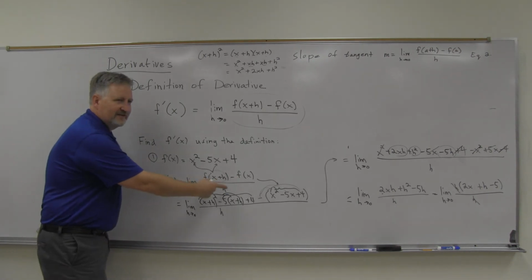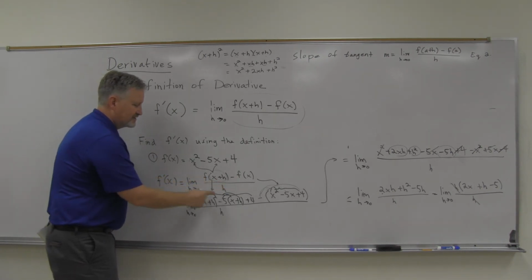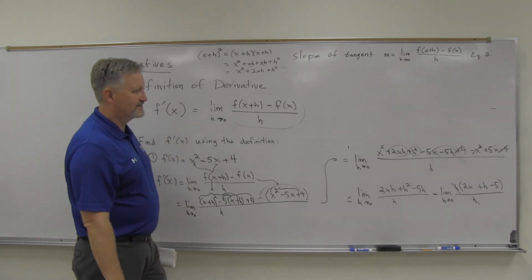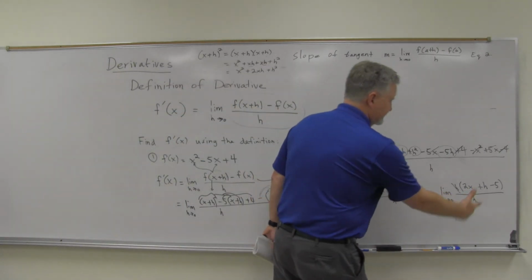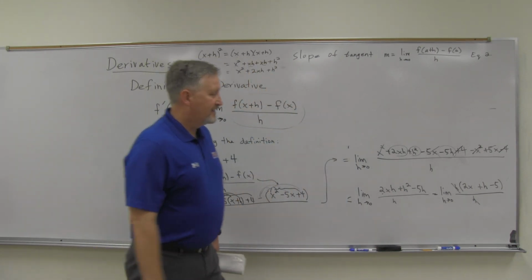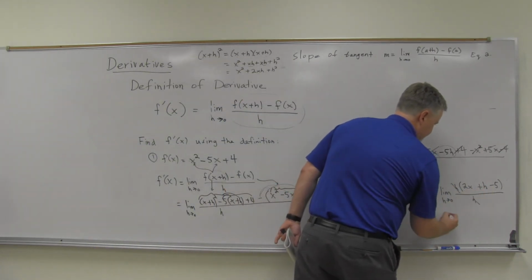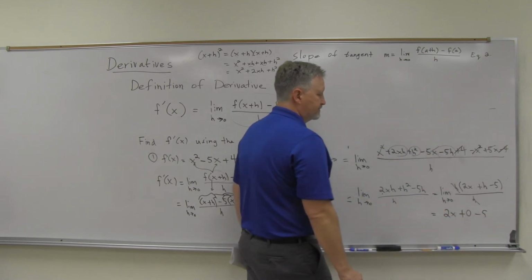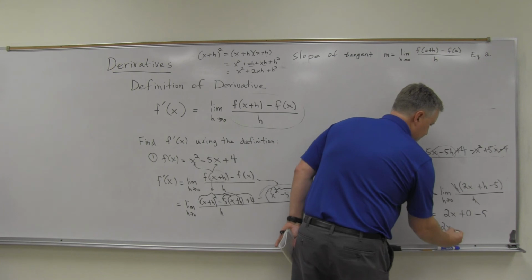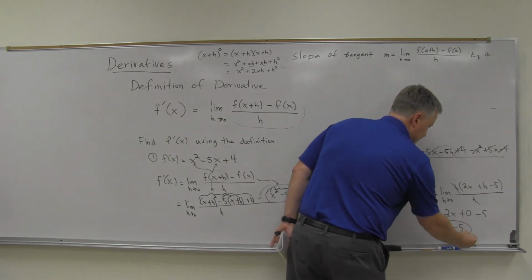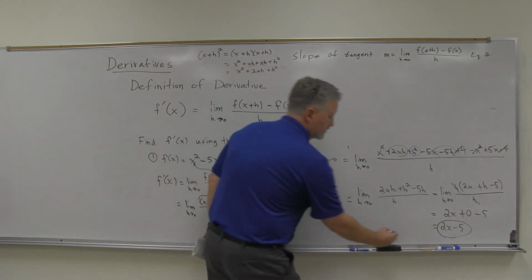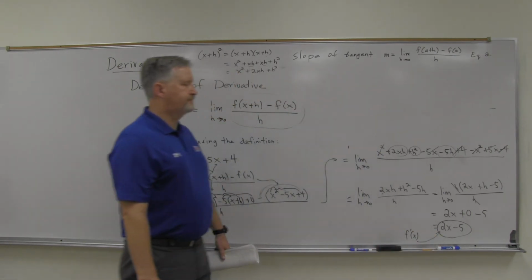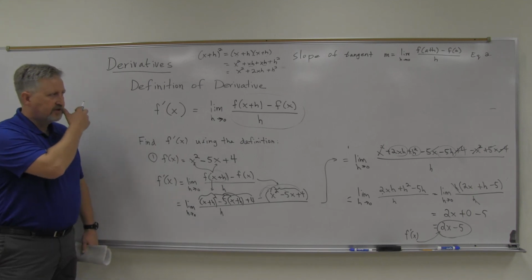That's why I can't compute this one right from the beginning, because h goes to 0, so the denominator is 0. That usually happens when we do these limits. So we've got to somehow get rid of it. Ta-da! Now we can do h goes to 0. So this derivative, f prime, in this particular case, is 2x minus 5.